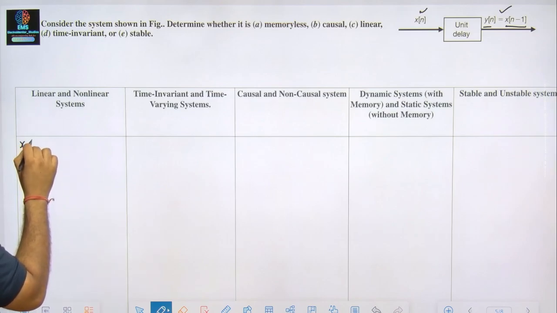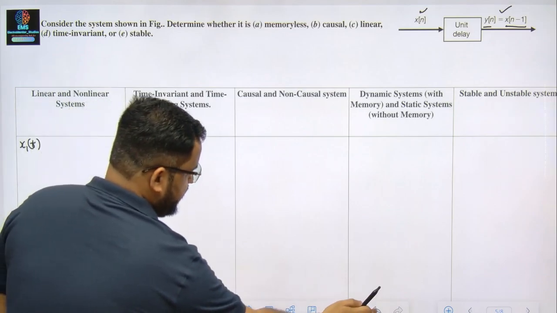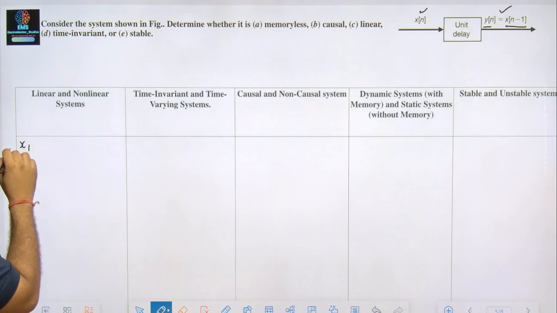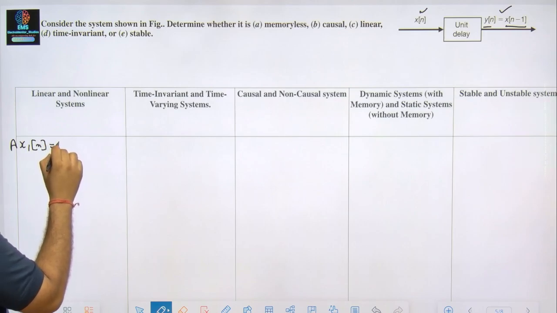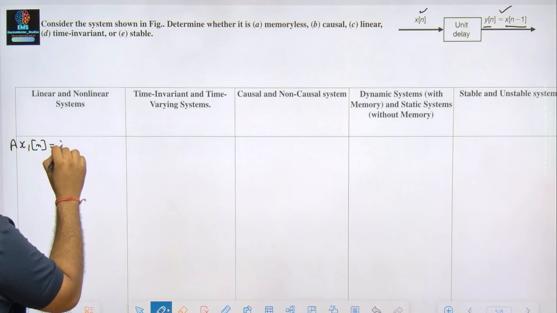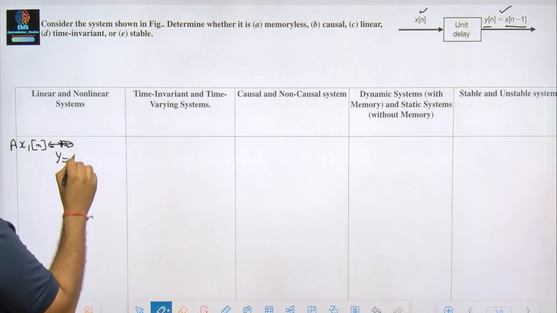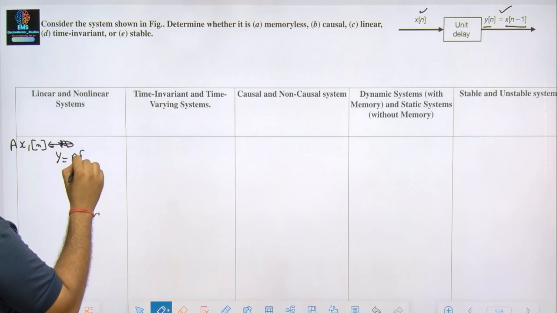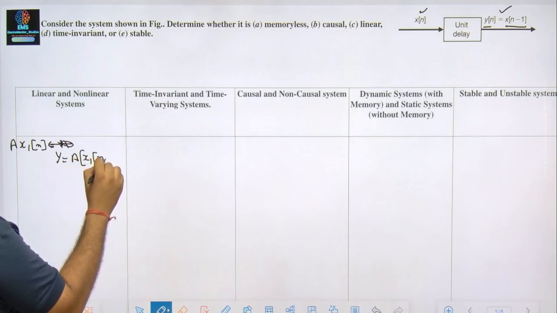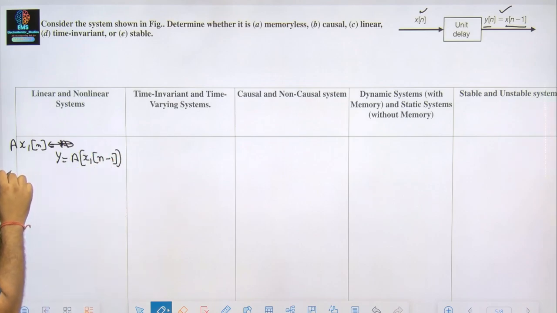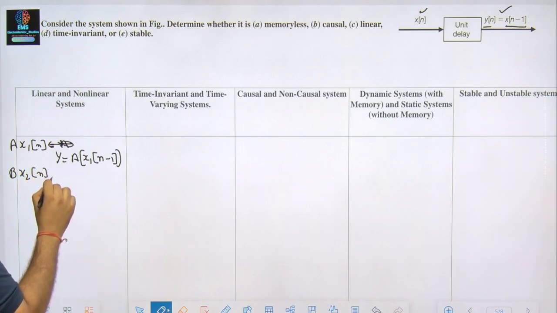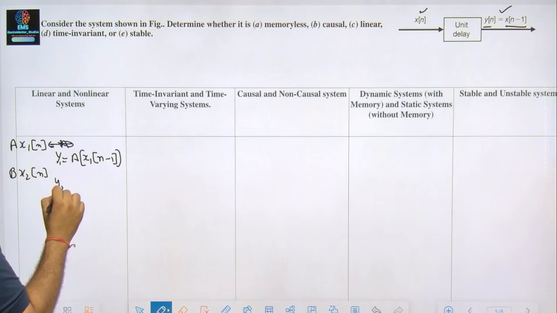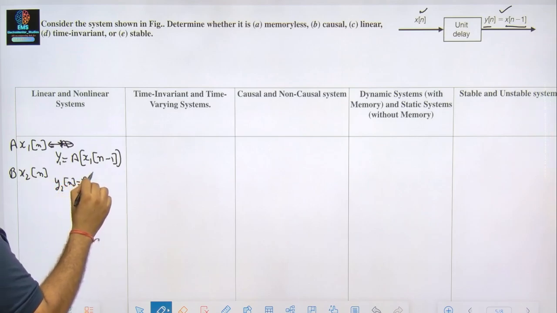I give an input a times x1[n] and I get an output y1[n] = a times x1[n-1]. Now I give an input b times x2[n], so my output y2[n] will be b times x2[n-1].